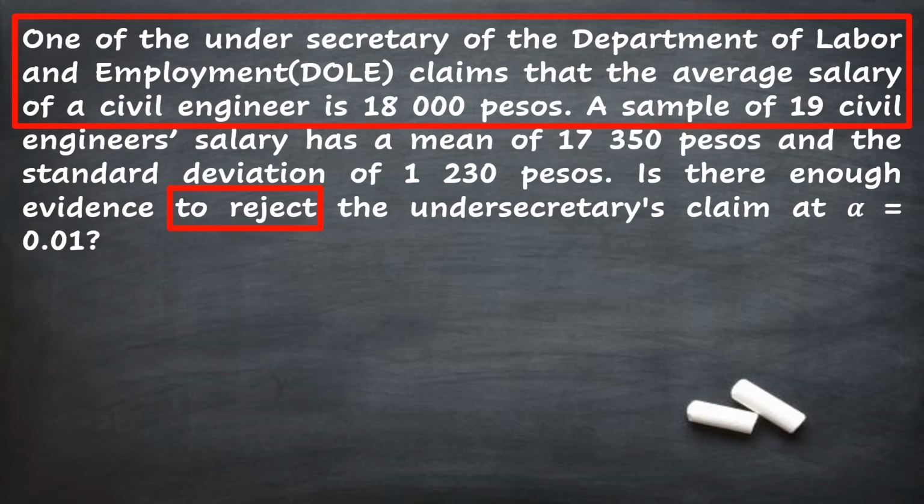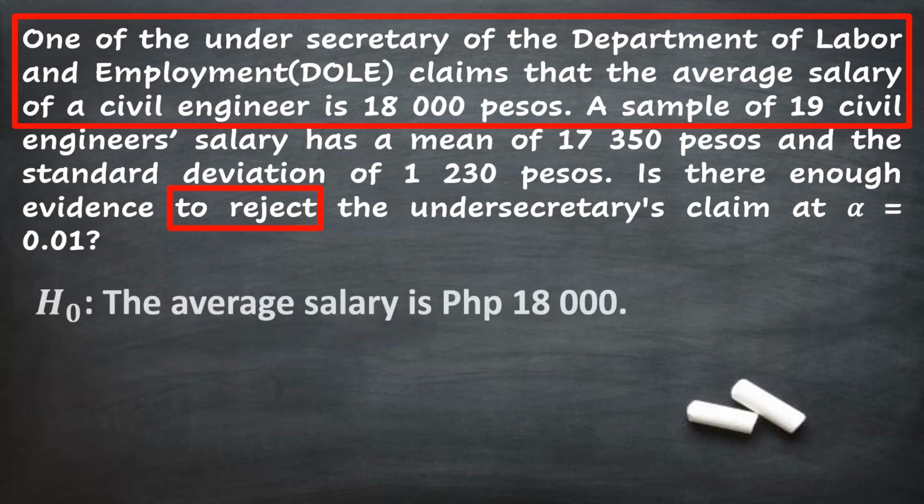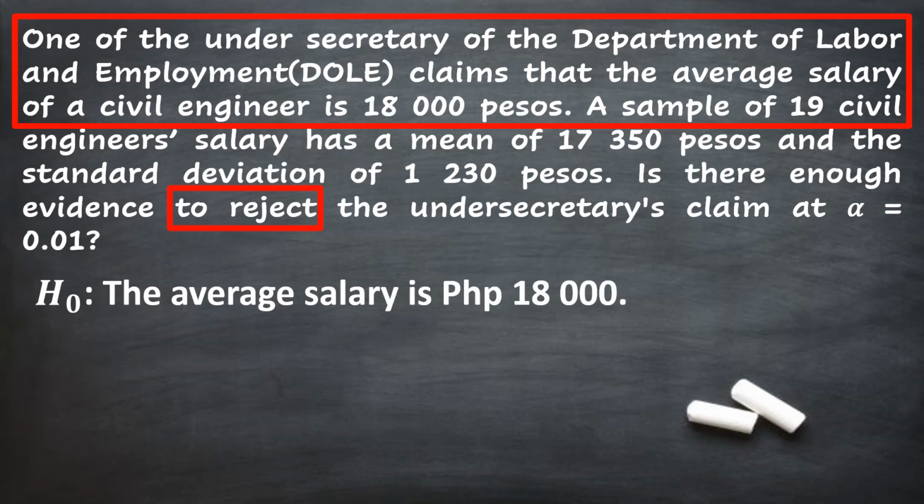So, if equal sa 18,000 pesos yung salary, meron tayong equality term, meaning to say that it is under null hypothesis. So, our null hypothesis is the average salary is 18,000 pesos, or you can write it as the average salary of a civil engineer is 18,000 pesos. Either way. Then the mathematical statement for this is the population mean is equal to 18,000 pesos.